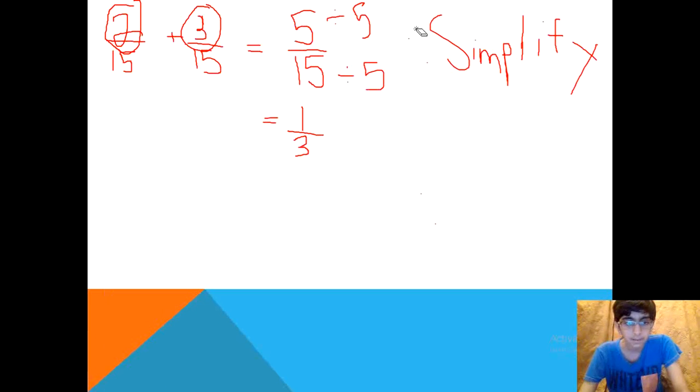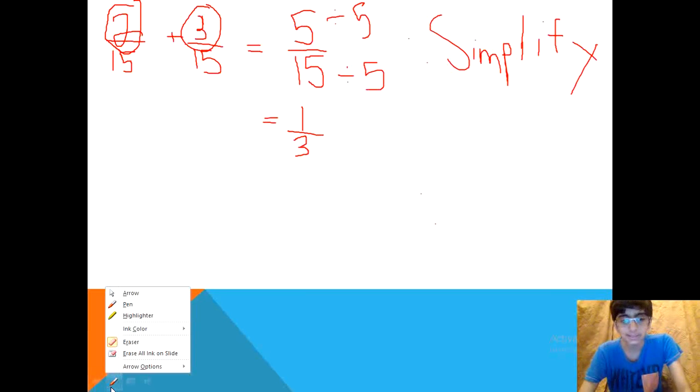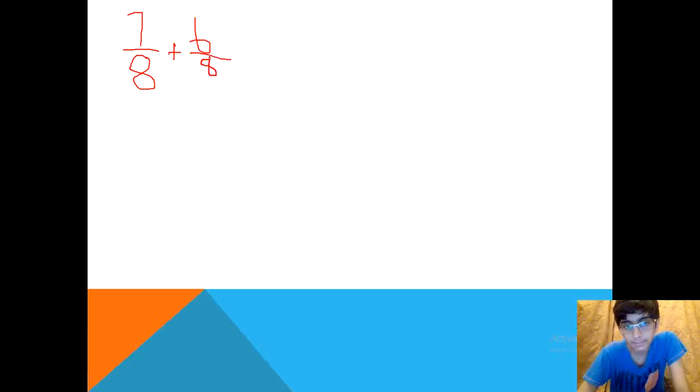Now we have understood this. So now we are going to try another example. But this time it will not be a proper fraction. It will become an improper fraction in the end. 7 over 8 plus 6 over 8.